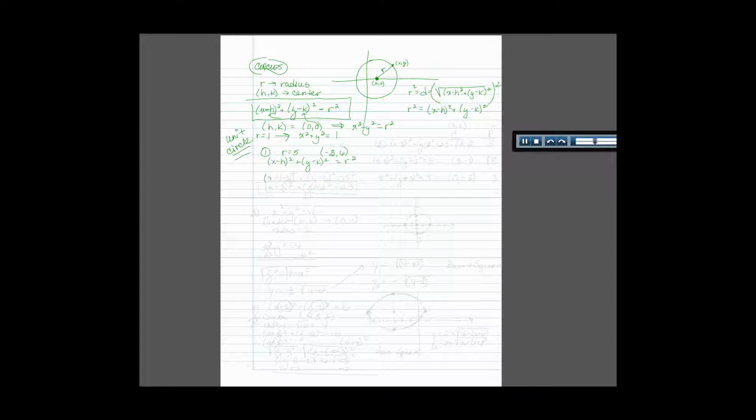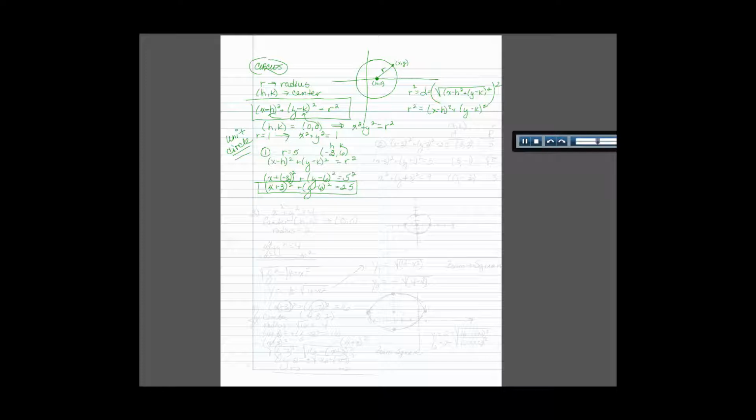So we're going to go x minus, now look at h, here's the h, minus a -3 squared plus y minus, here's the k, squared equals r squared. So let's clean that up, and we have x plus 3 squared plus y minus 6 squared equals 25. And you leave it that way. You don't want to FOIL that out. There's no need to do that.